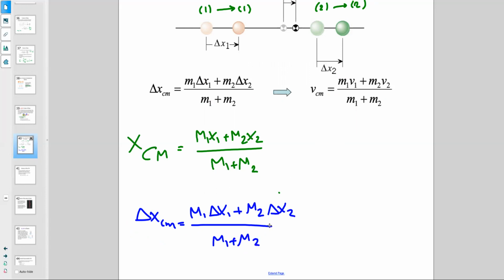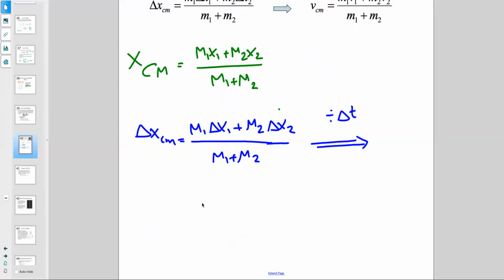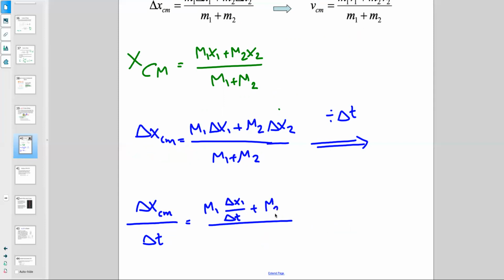If you divide everything by delta t, then delta x center of mass over delta t equals M1 delta x1 over delta t plus M2 delta x2 over delta t, divided by M1 plus M2.